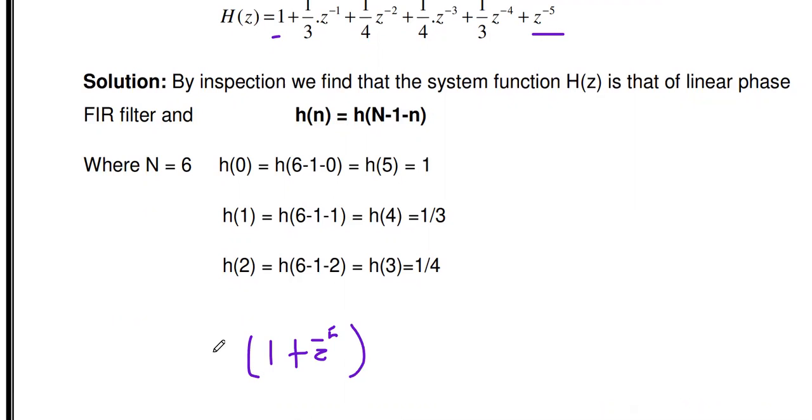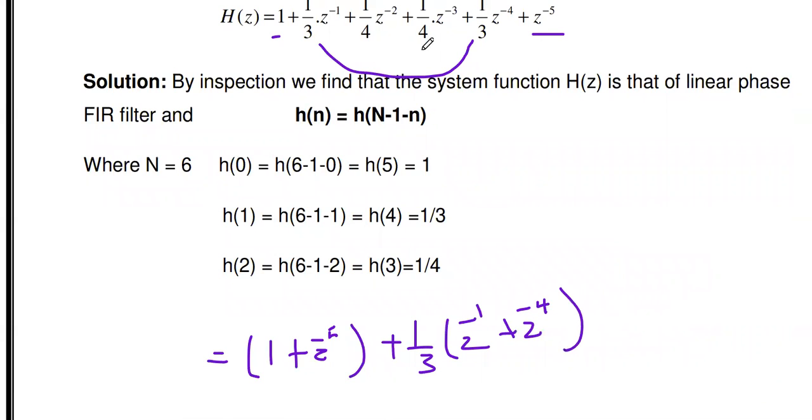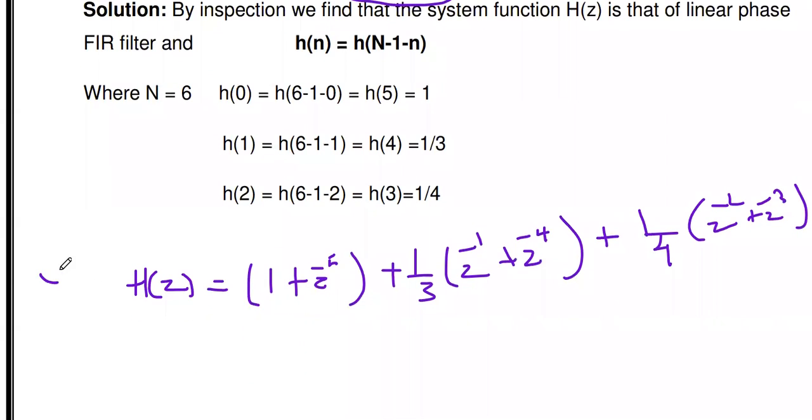Then similarly you combine these two terms, taking 1 by 3 common: 1 by 3 into z power minus 1 plus z power minus 4. Then the third one, 1 by 4 common: 1 by 4 into z power minus 2 plus z power minus 3. Okay, this is the H of z. So you combine the terms and write it. And you know H of z is nothing but Y of z by X of z.